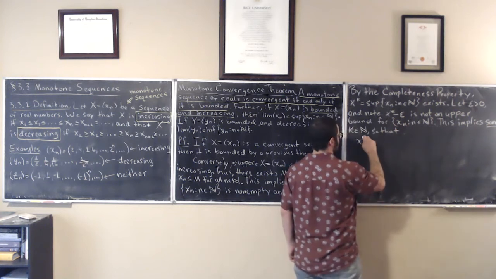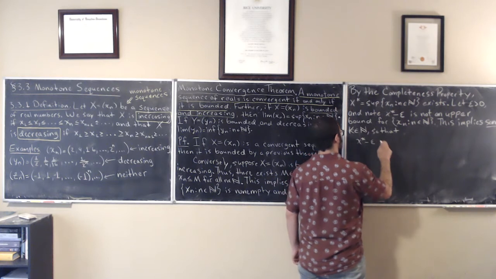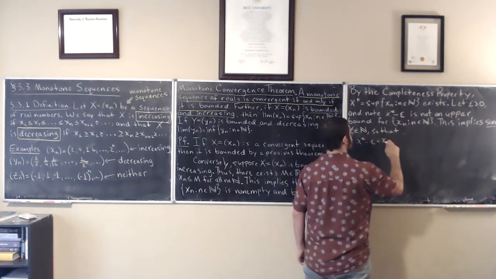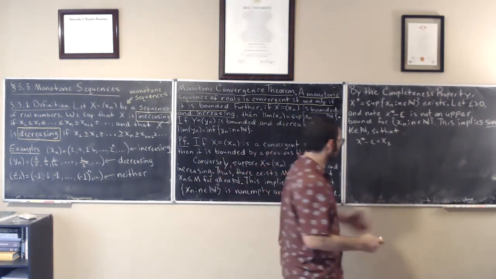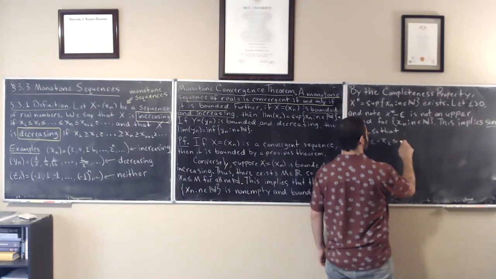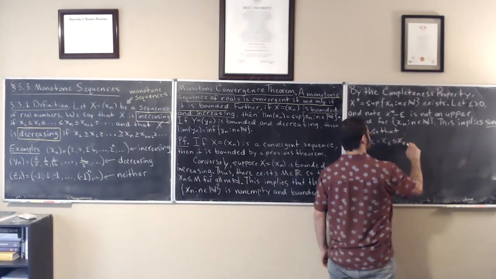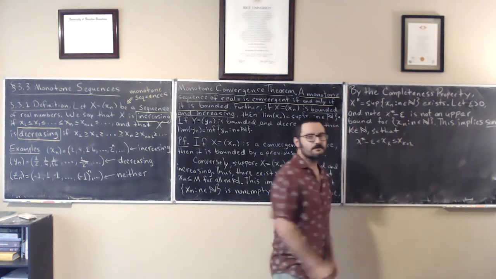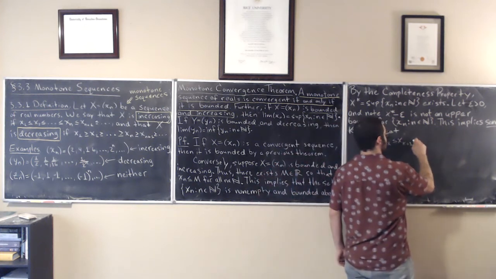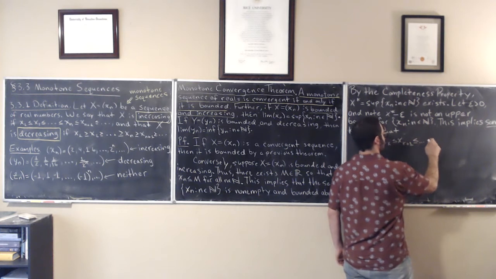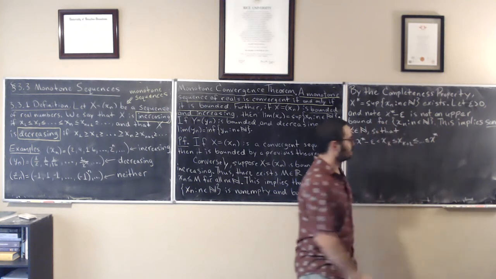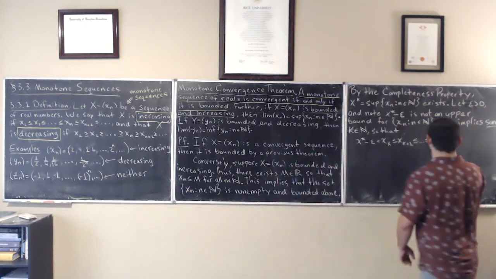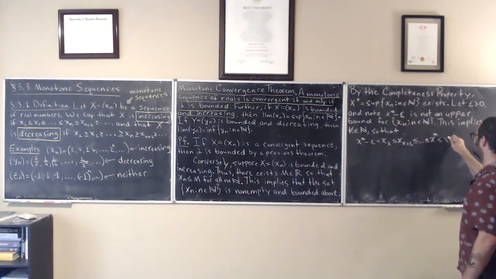x star minus epsilon is less than x sub k, right? But we know the sequence is monotone increasing, so that's at most x sub k plus 1, which is at most dot, dot, dot, the supremum. But the supremum is going to be strictly less than the supremum plus epsilon.